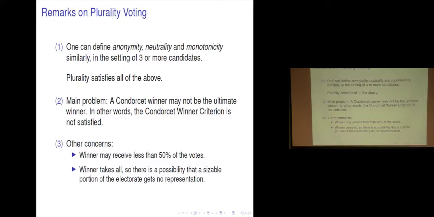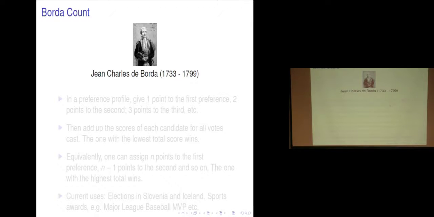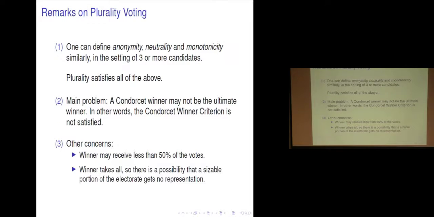And also there are some other concerns, like maybe a sizable portion of the voters gets no representatives. So there are some concerns for plurality voting. We are going to see probably one or two more concerns, either in the notes or in the tutorial.